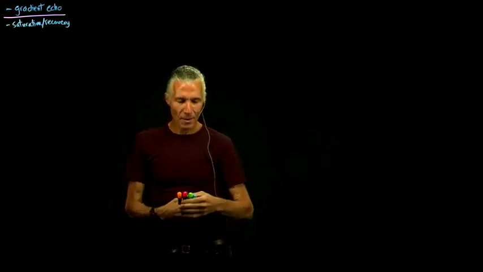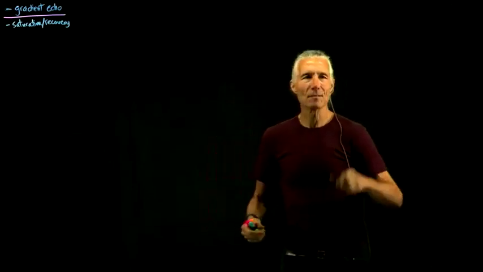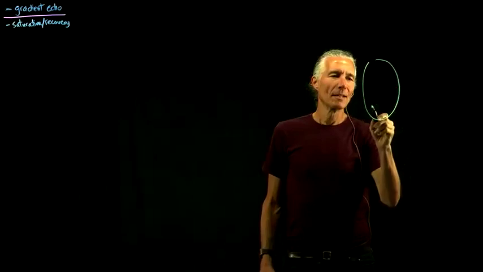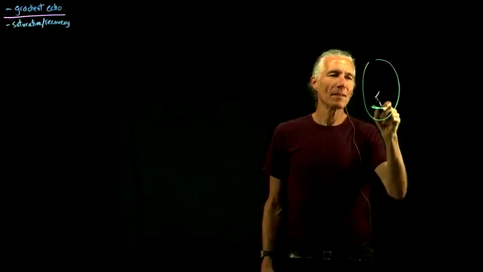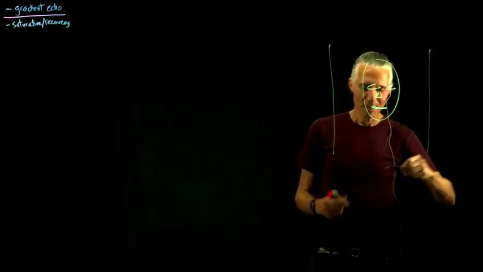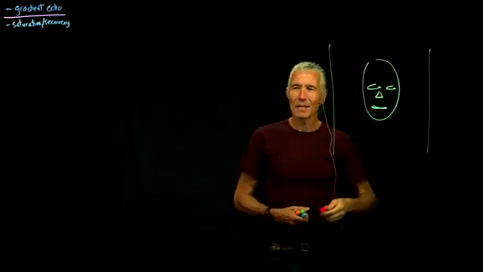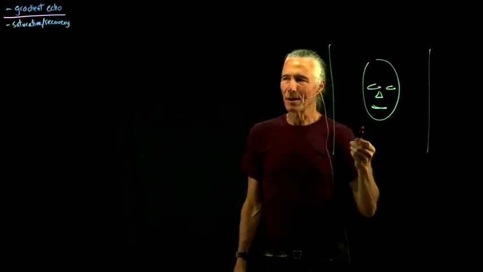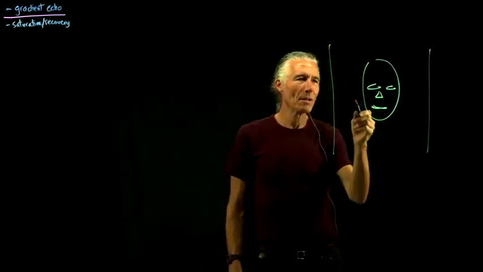But let's go back quickly to review what the gradient is, just to make sure that we can distinguish the different kinds of gradients. So here's a happy person in the magnet, and this person is having an X gradient turned on. What does the X gradient do?